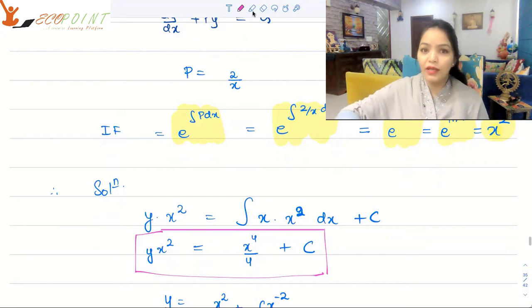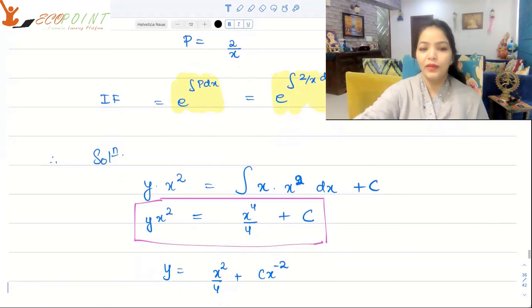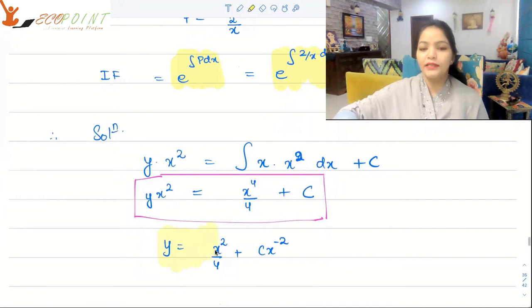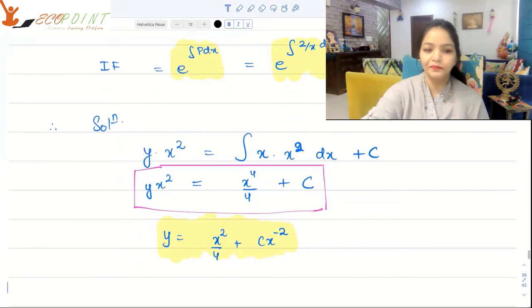In terms of y, you will divide throughout by x squared, and the solution is y equals x squared by 4 plus c x to the power minus 2. So that's the solution.